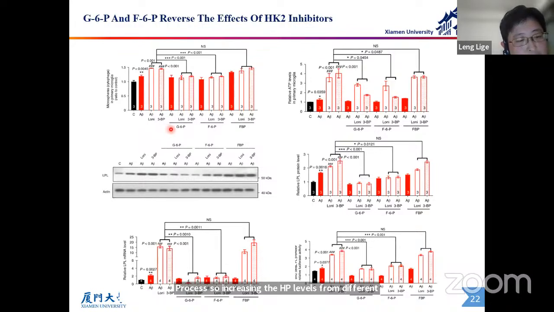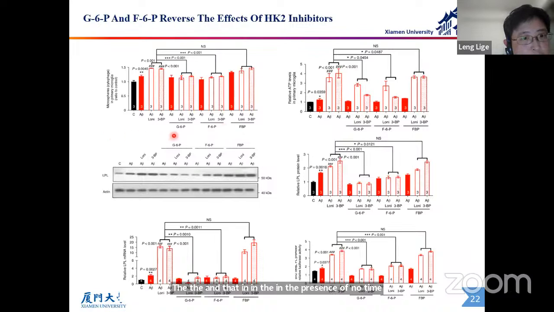To further test this, microglia were treated with extra glucose 6-phosphate, fructose 6-phosphate, and FBP in the presence of HK2 inhibitors.